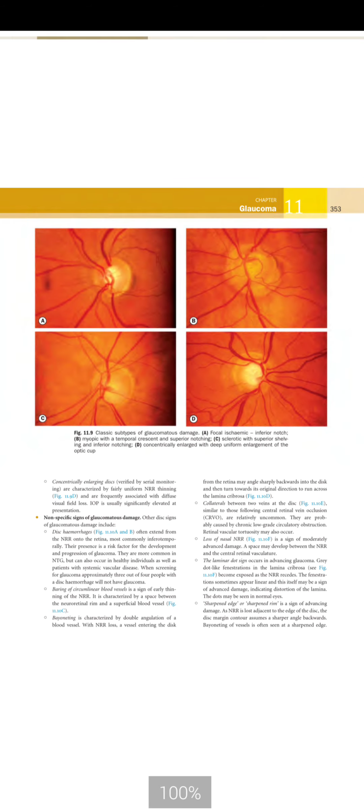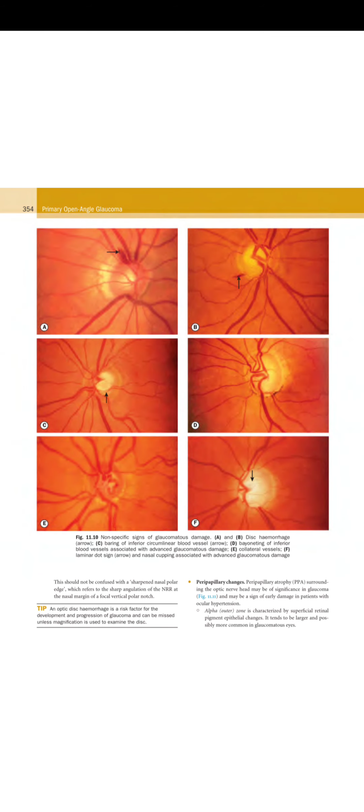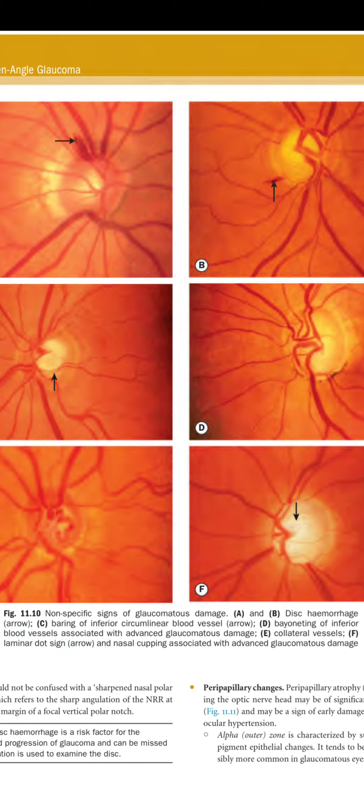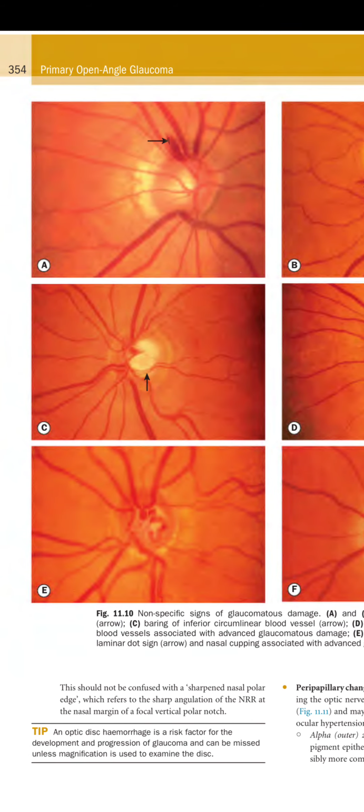So basically, when the neuroretinal rim is almost at the level of the disc margin, there will be a very sharpened appearance of the disc, and there will be bayoneting of the vessel at this point as well. This should not be confused with the sharpened nasal polar edge, which refers to the sharp angulation of the neuroretinal rim at the nasal margin of a focal vertical polar notch.